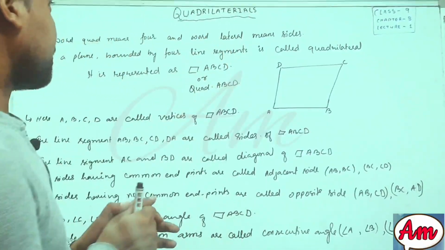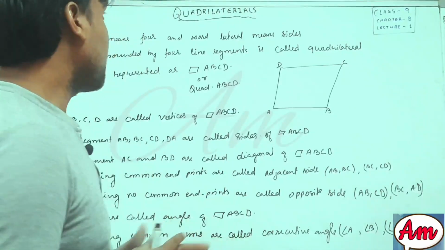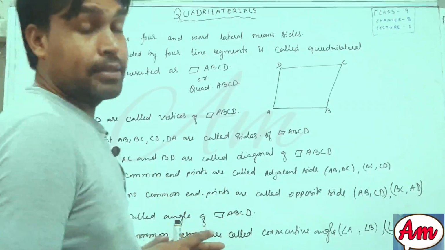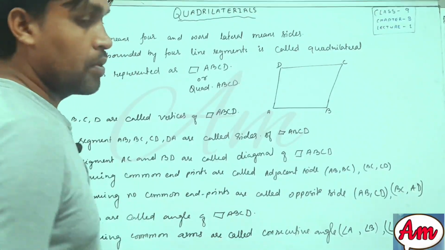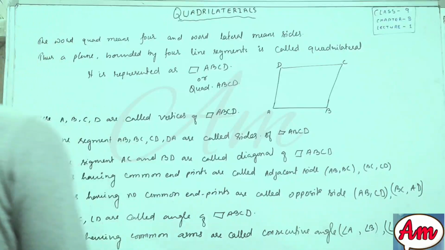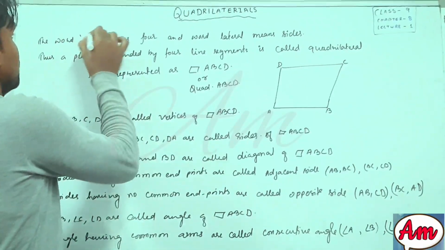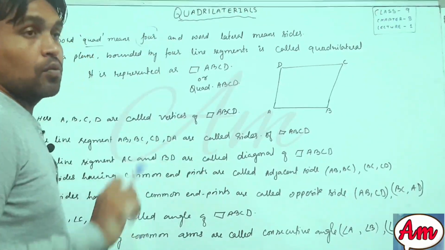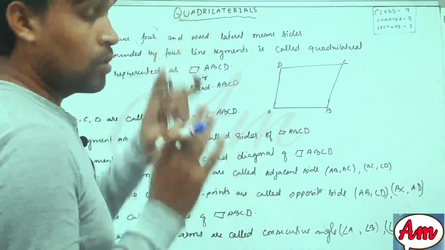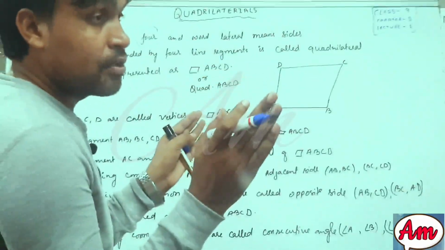Before we go into detail in this chapter, let us first understand what a quadrilateral is all about. What is the meaning of quadrilateral? As you can see here, the word quad means 4. So the word quadrilateral we can split into 2.